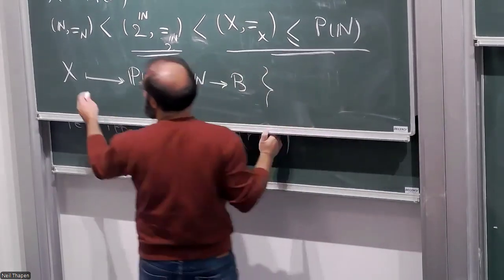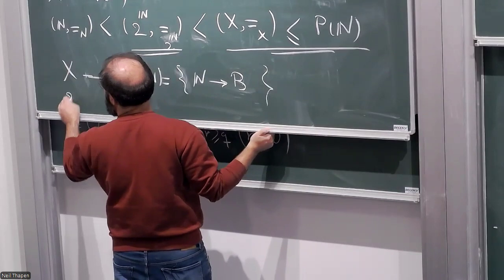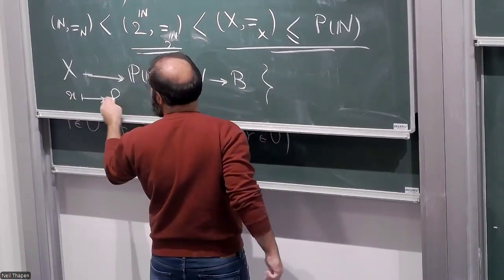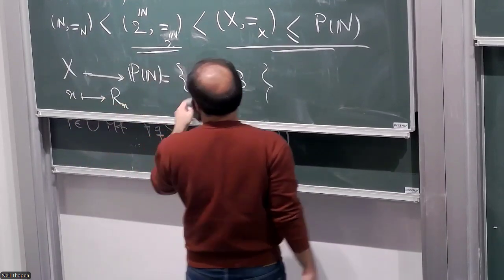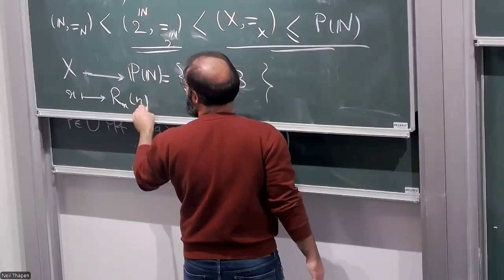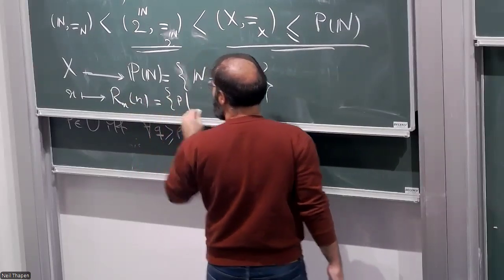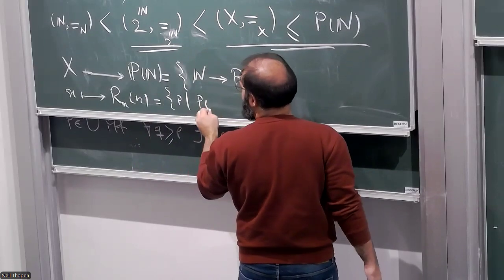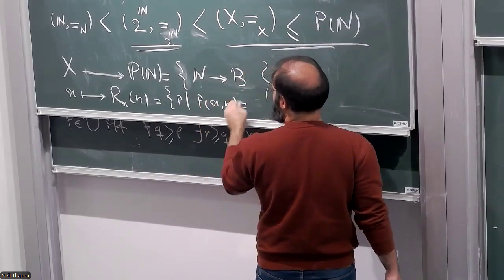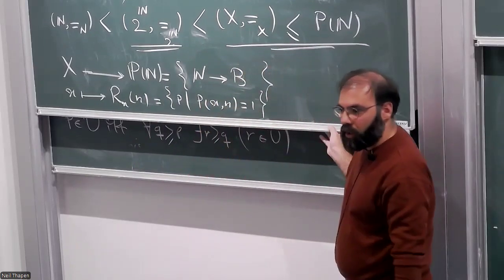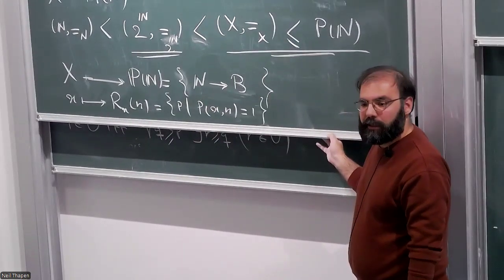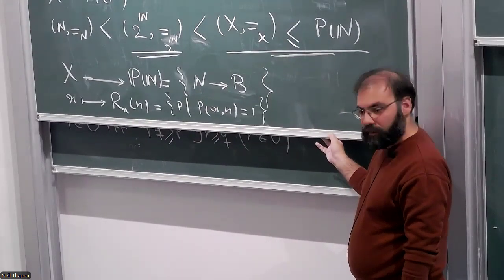And then we construct a function like this, if you remember. I said that map x to rx, and rx should be a function from n to b. So read this, find all the p's such that p x n is 1, right? All the p's that force, they say, right, that condition.